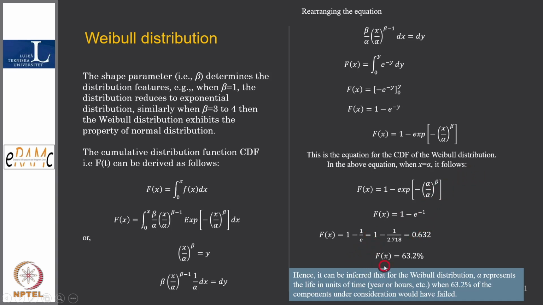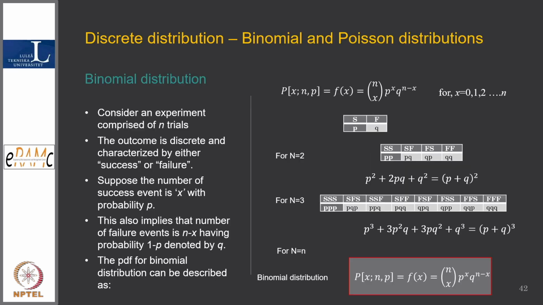That's why this 63.2% occupies a special place, because a line drawn on the Weibull plot from 63.2 on the cumulative distribution graph to the x-axis will give the alpha value, and the y-axis gives that probability.